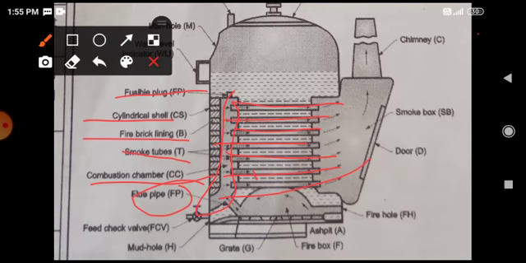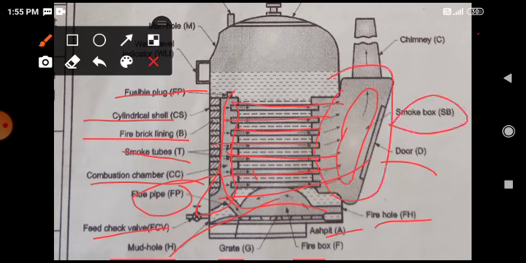Now here feed check valve, then mud hole to remove the ash which is deposited at the bottom. Then grates are also there, and firebox, ash pit, and then fire hole. Fire is initiated from here, and the door is for cleaning purpose. Then smoke box, this total is called a smoke box, and this one is chimney.